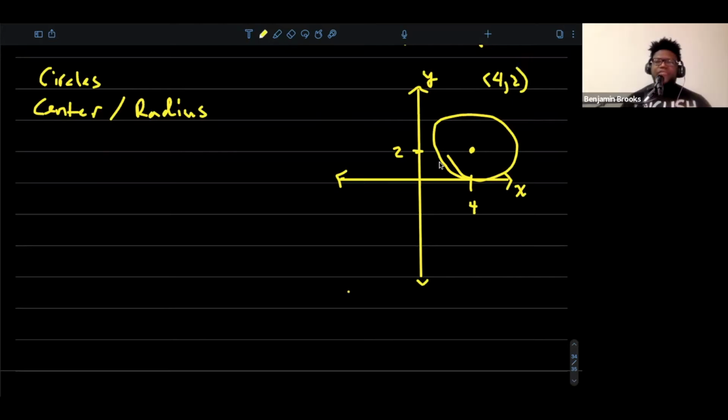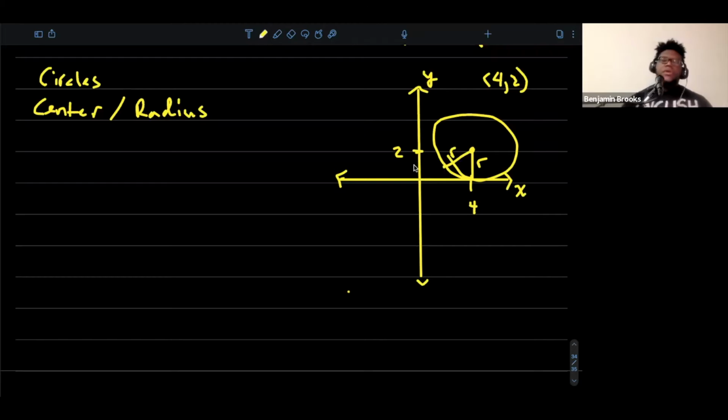The radius, if you'll remember, is just the distance between the center and any point on the circle, right? So for example, this distance should be the same as this distance.